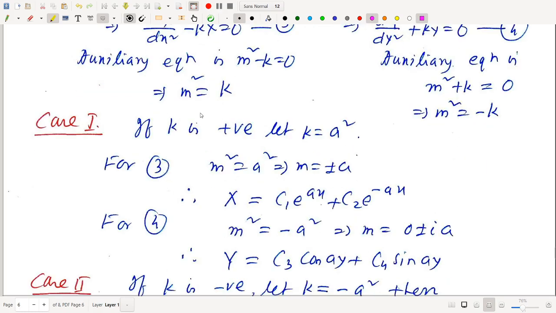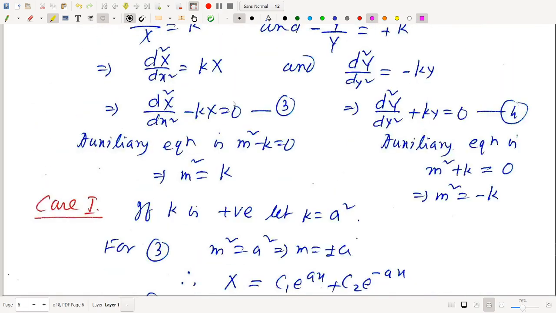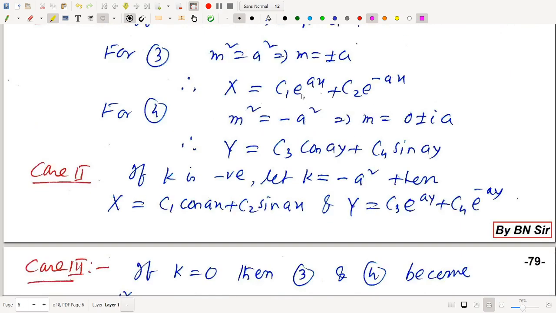Now there are various cases depending on the sign of k. Case 1: if k is positive, let k equal to s square, positive real number. Therefore, from 3, m square equal to s square implies m equal to plus minus s, roots of the auxiliary equation. Therefore, capital X, the solution of number 3, equal to c1 e to the power sx plus c2 e to the power minus sx.